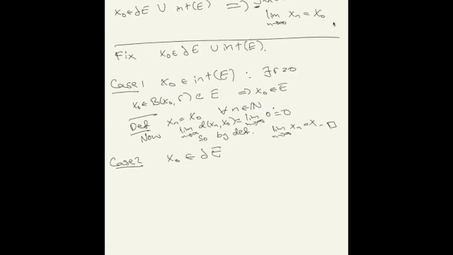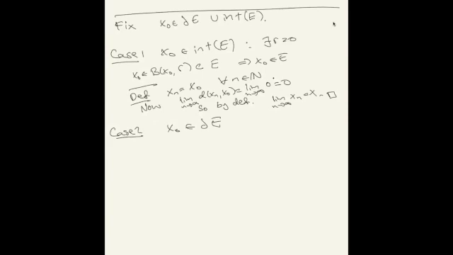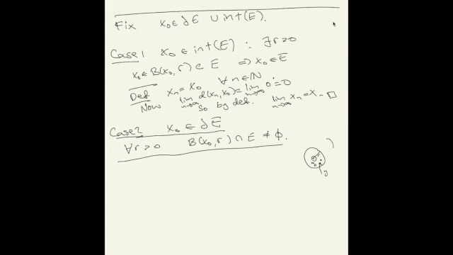Now, if we are in the boundary, the case is a little bit different. So what we have is for every positive radius, the ball centered at x0 with radius r intersects E in a non-trivial way. So no matter the radius that we choose, we can find a point inside. And we can do this for different radii because we have this for all r. So the idea now is we want to construct a sequence. We'll apply this for different radii.